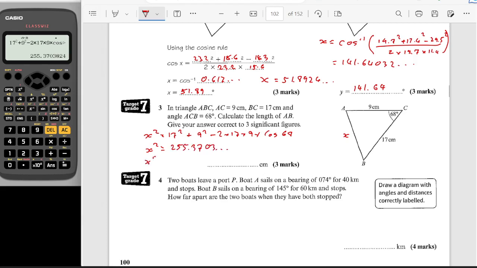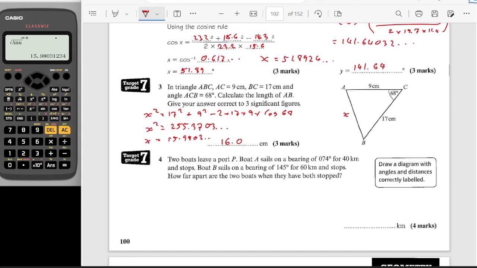So X is going to be equal to square root of the answer, so 15.9803 dot dot dot. I wouldn't give it as 15, I would give it as 16.0 to 3 significant figures.